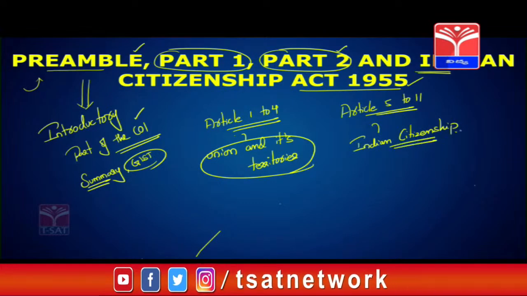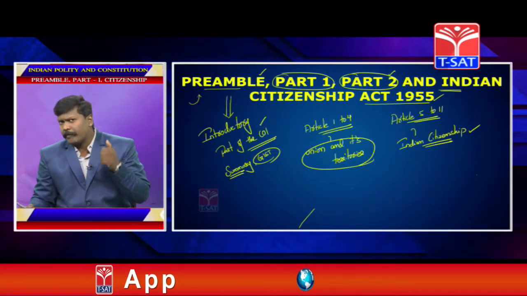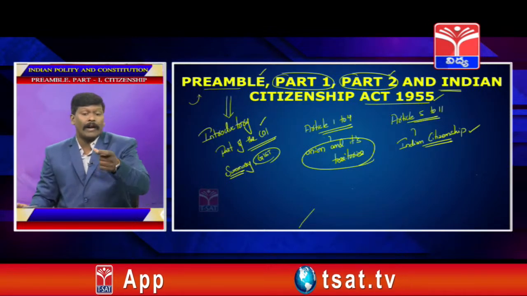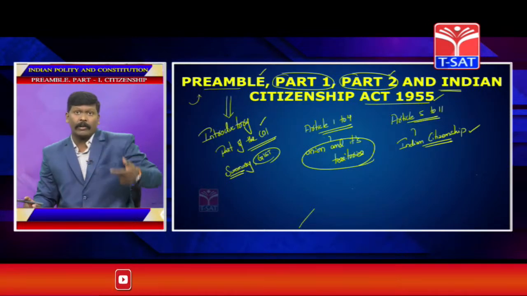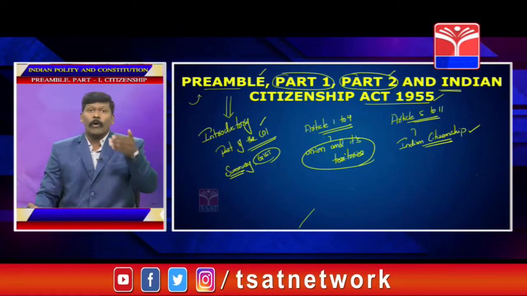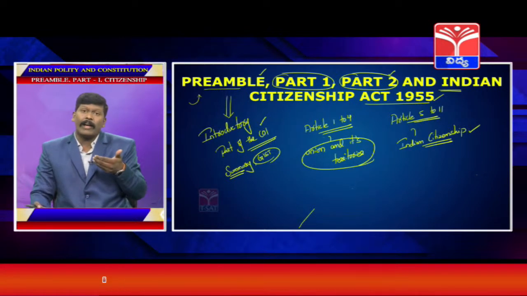Now, what is the status of a person when India got independence? What is the status of a person who migrated from Pakistan to India? What is the status of a person who migrated from India to Pakistan, then again migrated to India?